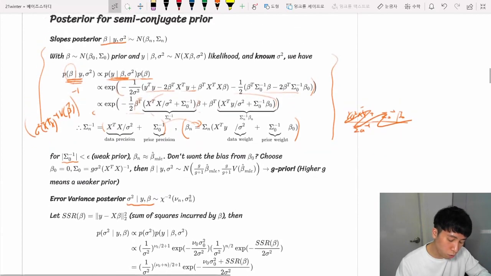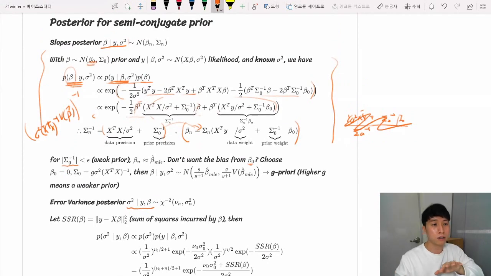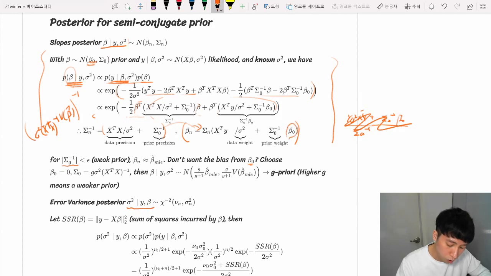Also, if you don't want the bias incurred by this beta zero, because beta zero here gives you a bias that's not related to the data, since this beta zero mean parameter would drag you away from the data-favored point. In this sense, we say beta zero introduces some bias.